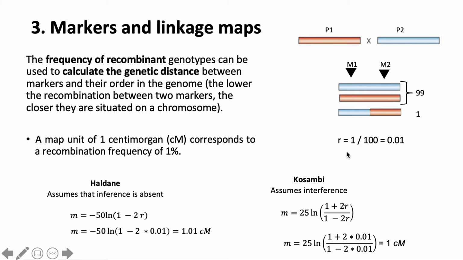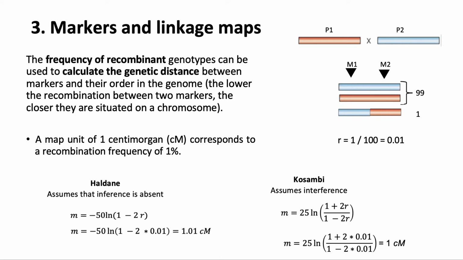After that, if you want to use the formulas and estimate the centimorgan with 0.30 or more, you can see that Kosambi is going to give you a lower centimorgan distance or genetic distance.